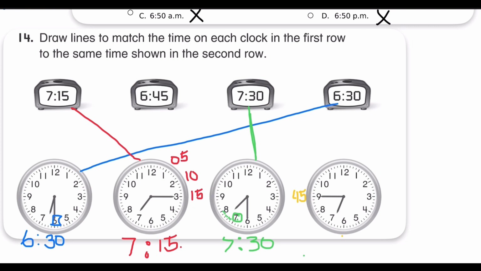If you are unsure, you can start off at 60 and count back to 45. And next, let's take a look at the hour. The hour is between 6 and 7. And we just said that if the hour is in between 6 and 7, it has to be 6 because it has not been 7 o'clock yet. So it is actually 6:45.